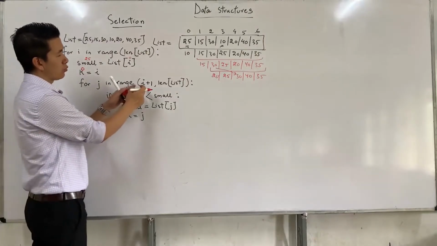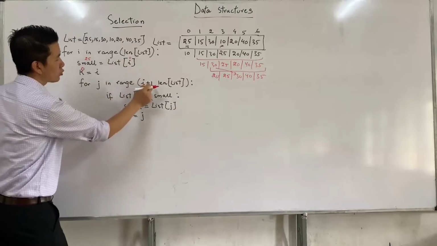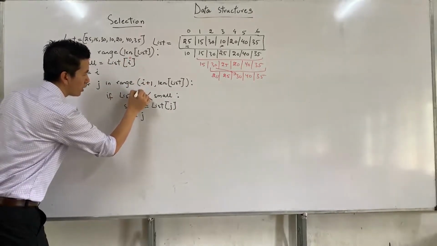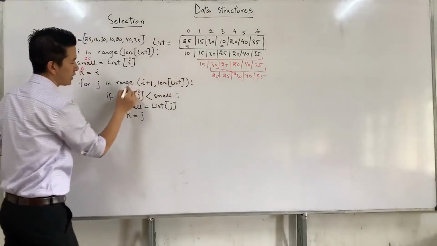This j will start with a 1. 0 plus 1 is 1. So the value of j will start from 1.